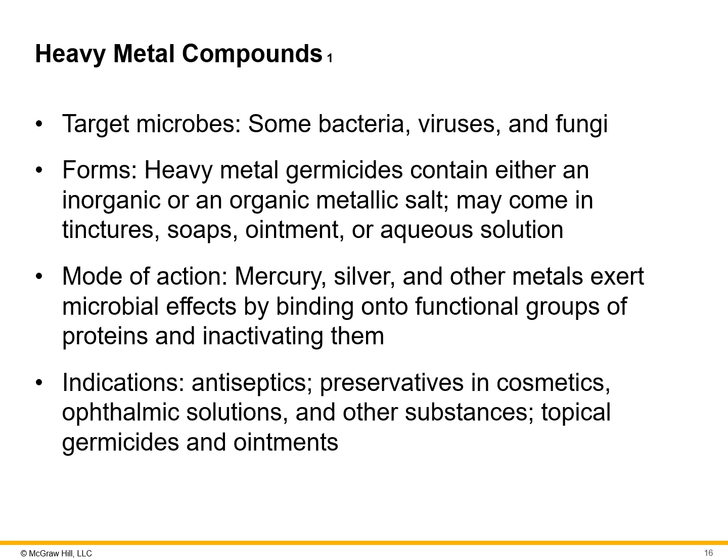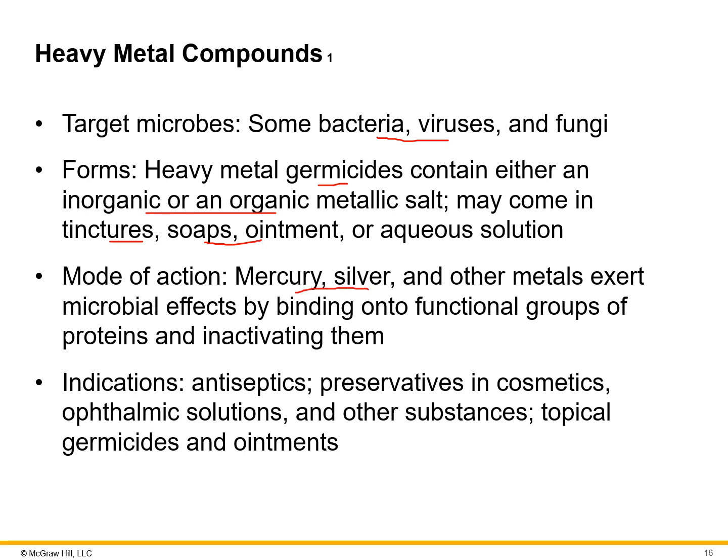Our heavy metal compounds, again, bacteria, viruses, and fungi. These germicides usually have either inorganic or organic metallic salts. So they have some type of metal in them, hence their name. They can be in alcohol for tinctures. They can be in soaps or ointments, like zinc is a really common one.